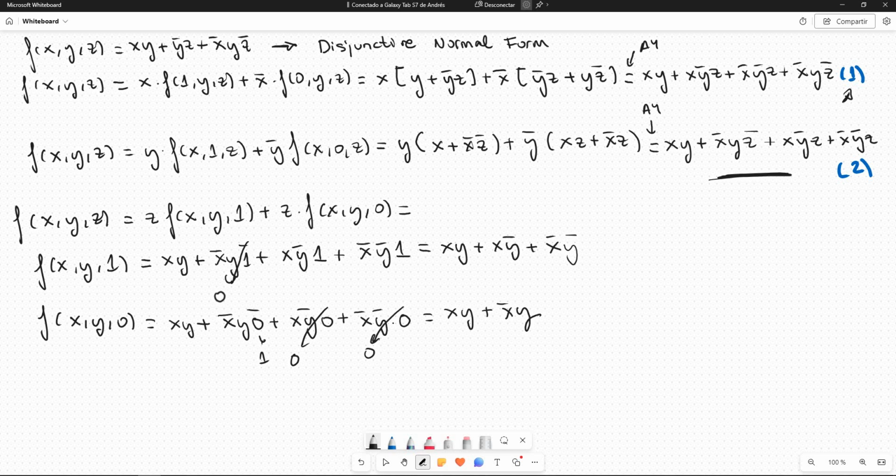So now we are going to replace this expression here. So we have z that multiplies xy plus xy negated plus x negated y negated, and negated z that multiplies xy plus x negated y.